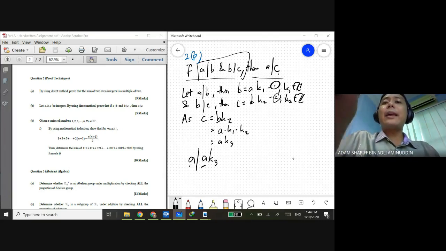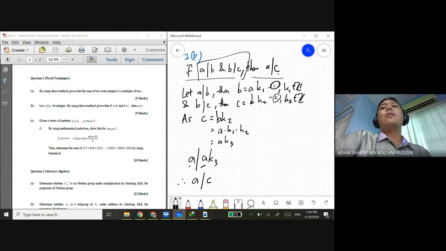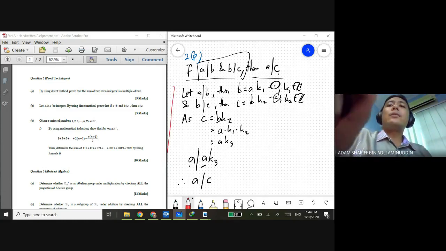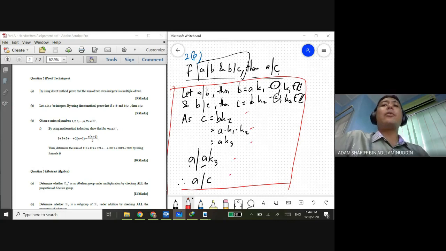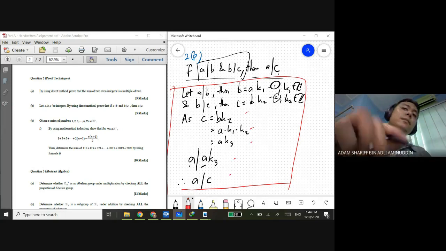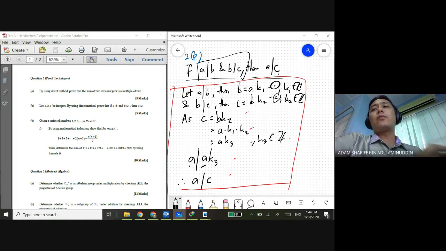So, what is A K3? Therefore A divides C because A K3 is equivalent to C. This whole idea, every line is important. To make it nicer, I can put that K3 is an integer as well. But if a student doesn't write that, I still give marks.